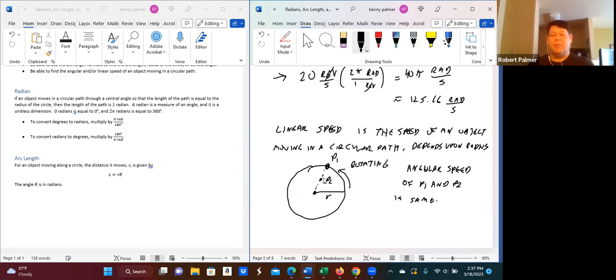If they're both fixed to this wheel and they're on the same line, then they're both rotating at the same angular speed, meaning they're both covering the same number of degrees or radians in 1 second, 1 minute, whatever. But the linear speed of P1 is greater.